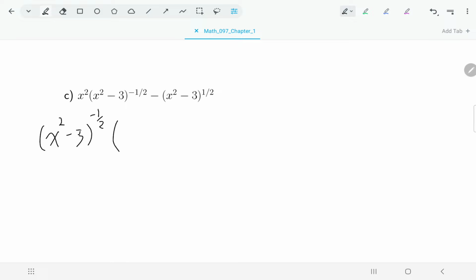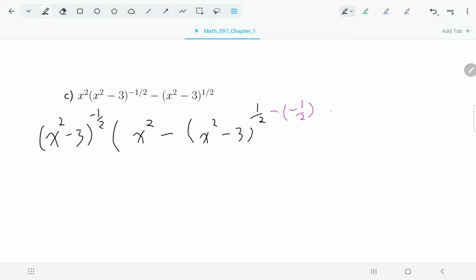From the first term, that's the easy one. x squared is the only thing left over there. From the second term, that's the one that's going to take a little thinking. I originally had x squared minus 3 to the half, and what I factored out is the power of negative a half.